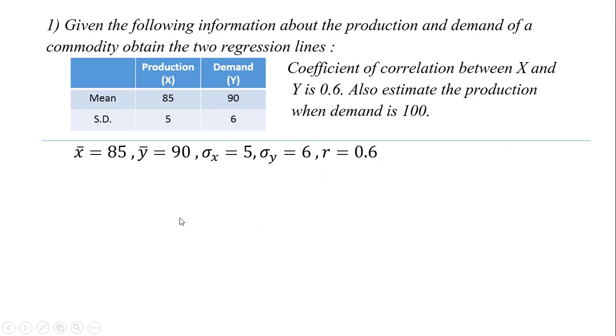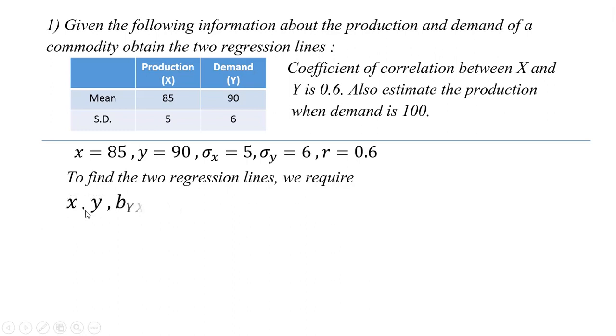Now to write equations of regression lines, we require four things: x bar, y bar and the regression coefficients. So to find the two regression lines, we require these values: x bar, y bar, byx and bxy. Here x bar is given, 85, y bar is given, 90.